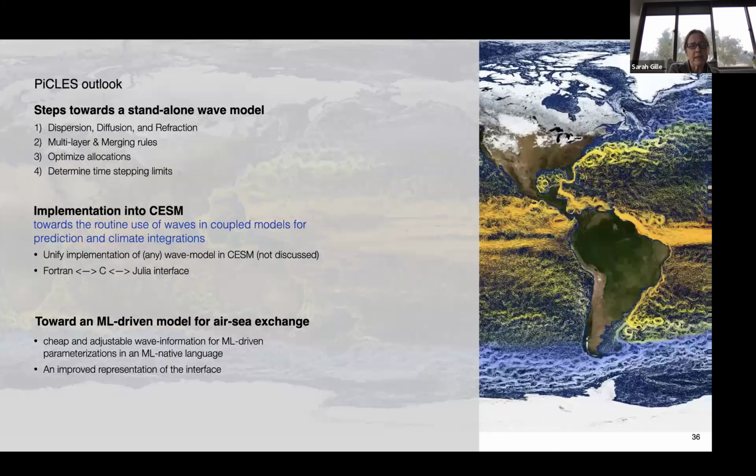What's the prospect for something as lightweight as Pickles? Could it fill in for WaveWatch 3 on operational things, or are you really thinking strictly about the climate modeling scenario?